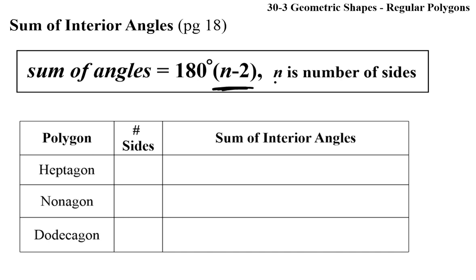So on this chart, you see the big chart there. Well, we just did the octagon. So let's take a look at the octagon again. What did we see? There were 8 sides. So what does our formula tell us to do? 180 degrees times, but how many triangles were there in the octagon?